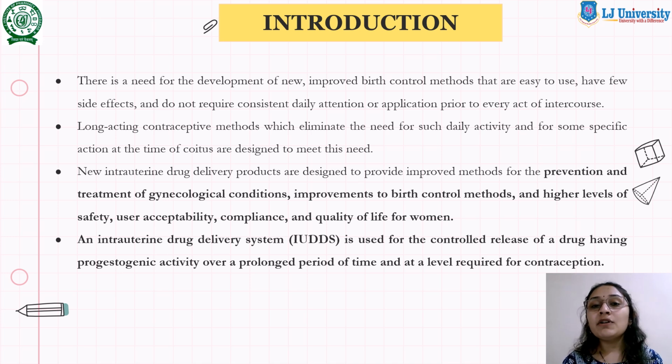Now, talking about various parts of the uterus or uterine cavity, above the uterine cavity the fallopian tubes are present, and these fallopian tubes are interconnected with the ovaries. Beneath the uterine cavity there is the cervix, and beneath the cervix the vagina is present.